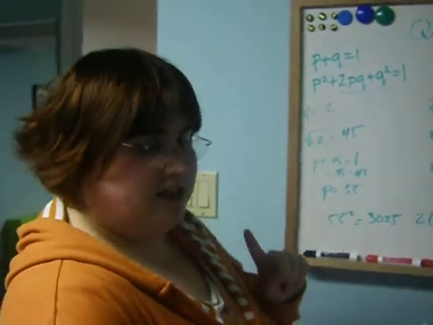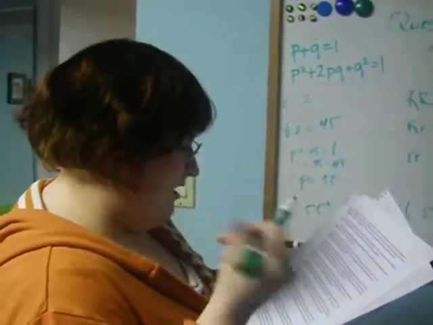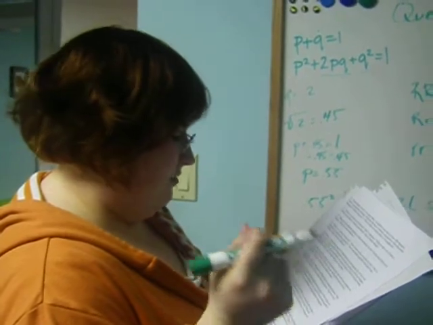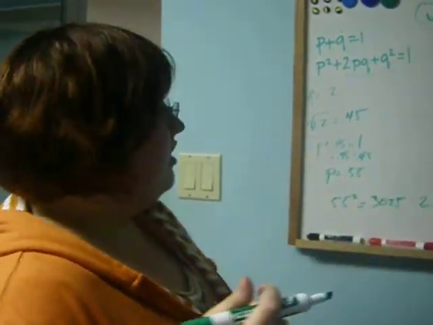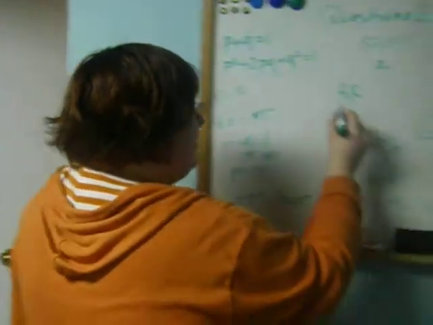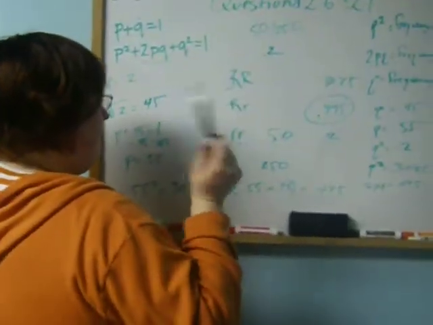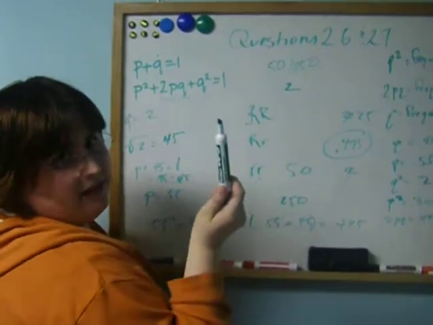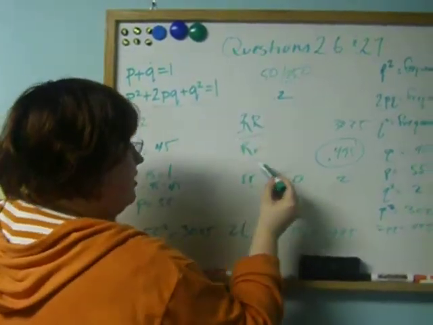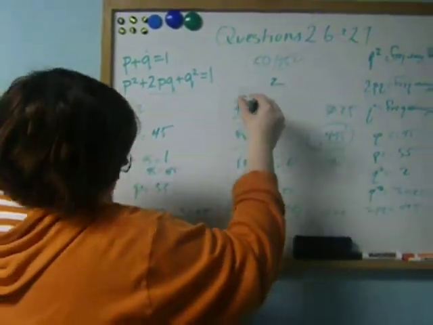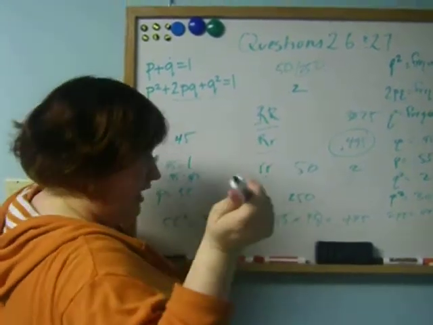Now I wasn't quite sure how to interpret frequency of recessive little r, frequency of dominant big R. So I just assumed that what you meant was how many big R's and how many little r's are there. So there are 250 people in the class who can each have two, what is that? Alleles, thank you.